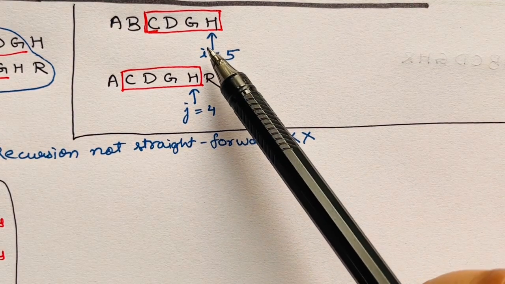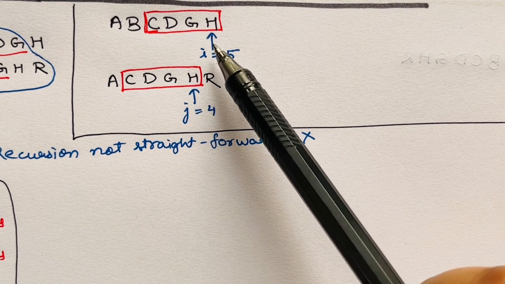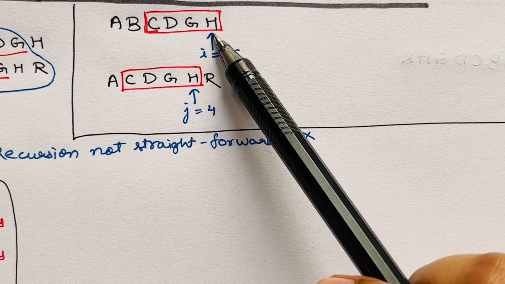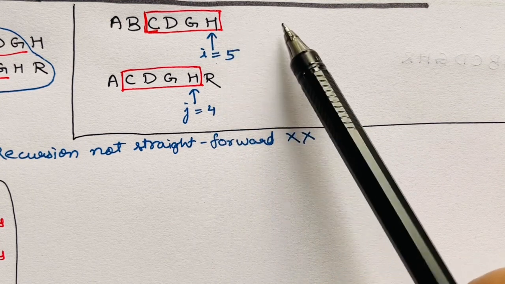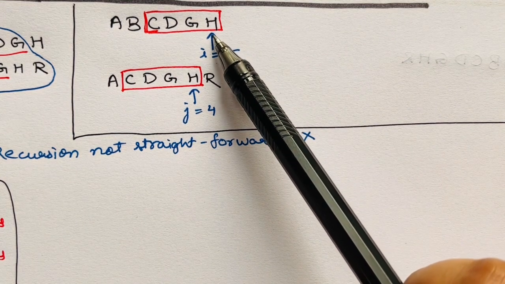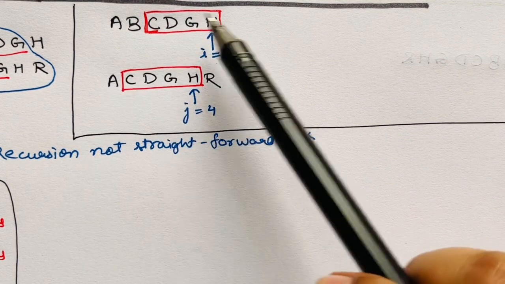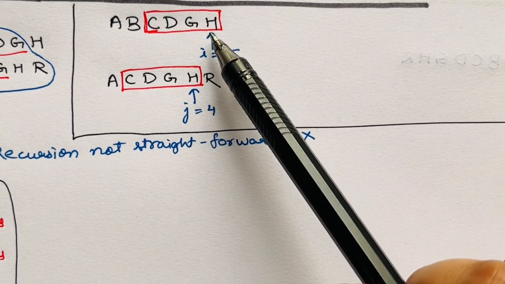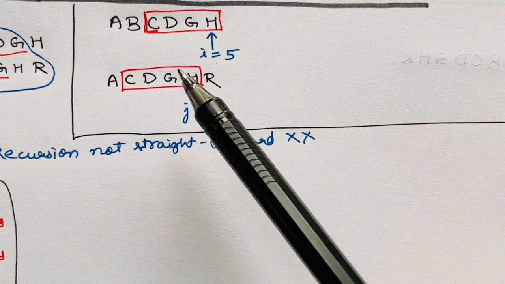Now what can we say about this substring CDGH if we consider characters only till here? I mean, even if the characters were there beyond H, we don't consider them, we only consider the characters till here, then what can we say about CDGH for this whole string? We can say that CDGH is also a suffix of this whole string.